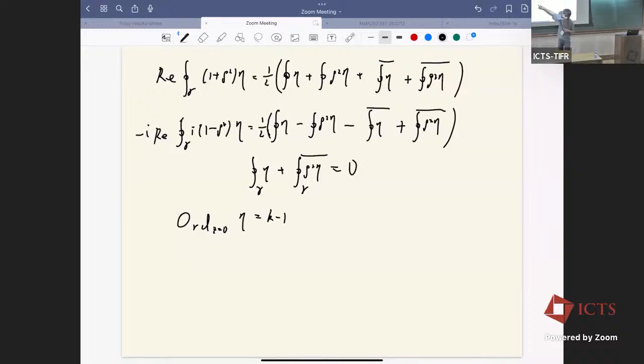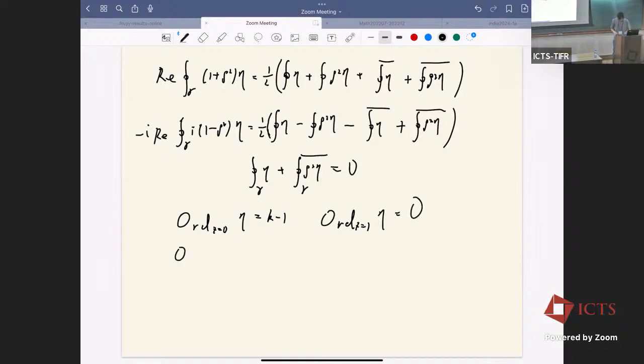So order means order of zero or poles. If this is positive, then this is the order of a zero, and if this is negative, then this is a pole, the order of the pole. And the order of eta at z equal 1 is 0, so this is a regular point.